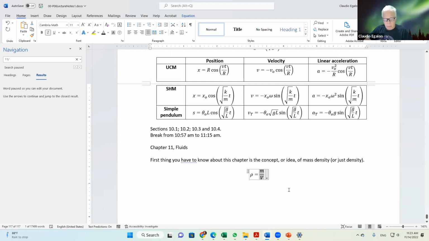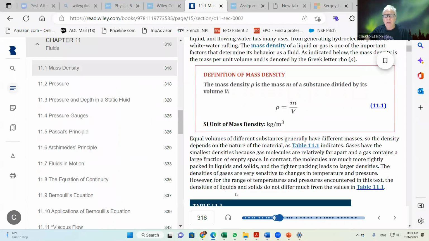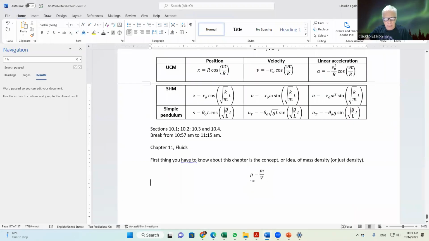So different substances have different densities. The SI unit for density is the kilogram per cubic meter.